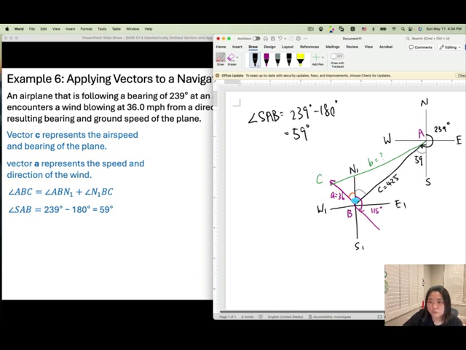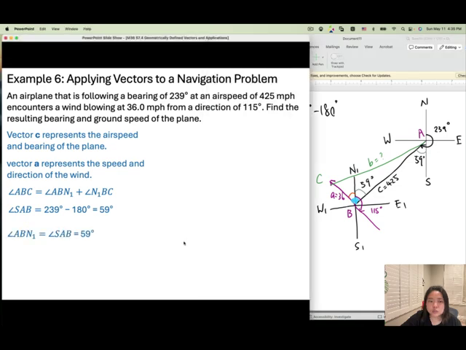Write it down, 59 degrees. And then this one, remember the alternate interior angle. If this is 59, this angle is also 59 degrees. The reason is alternate interior angles are equal to each other.